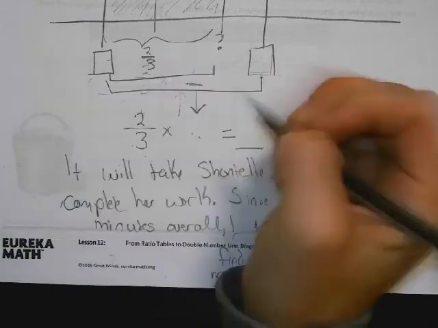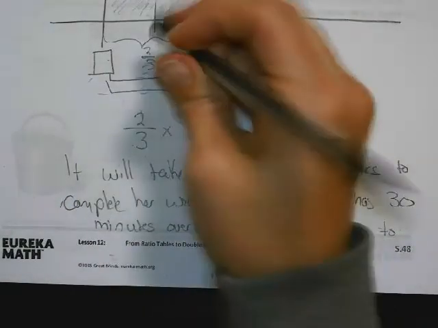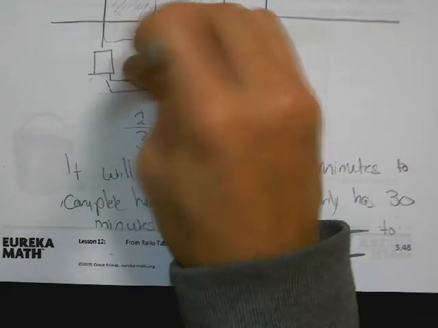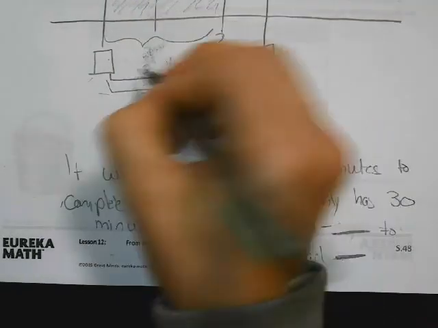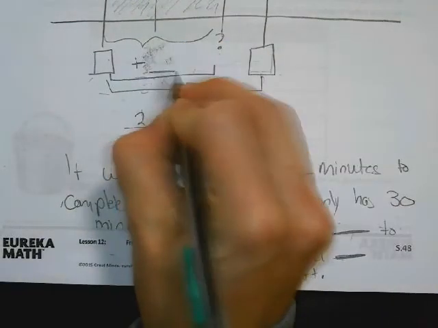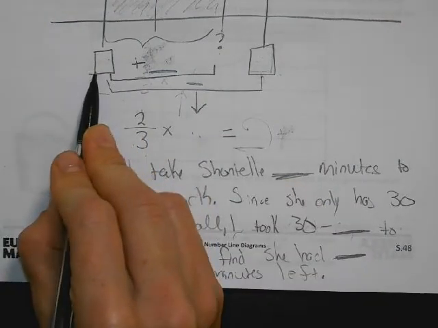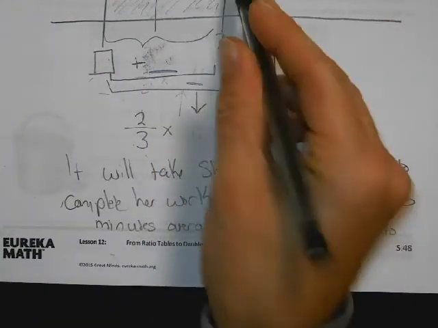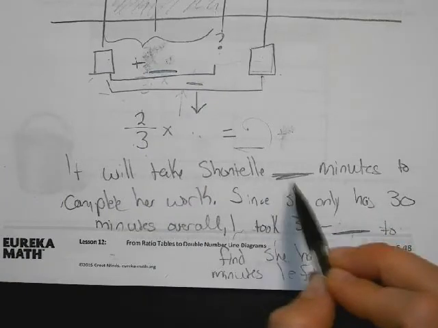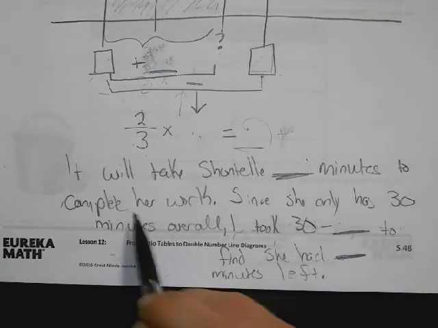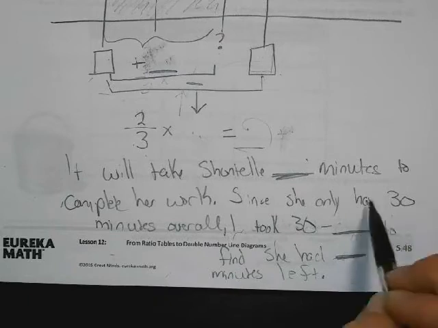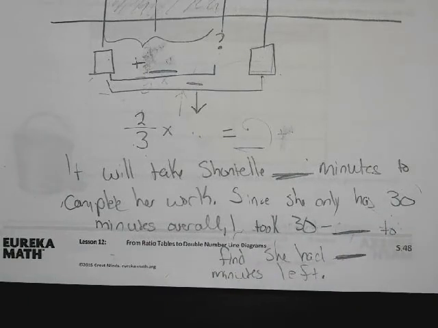So you have to take this number plus whatever that answer was. So you take this, add it to here, and you're going to get what goes with 20. And then you can say it will take her that many minutes to do her work. And then you need to figure out of 30 minutes, how much time would she have left.